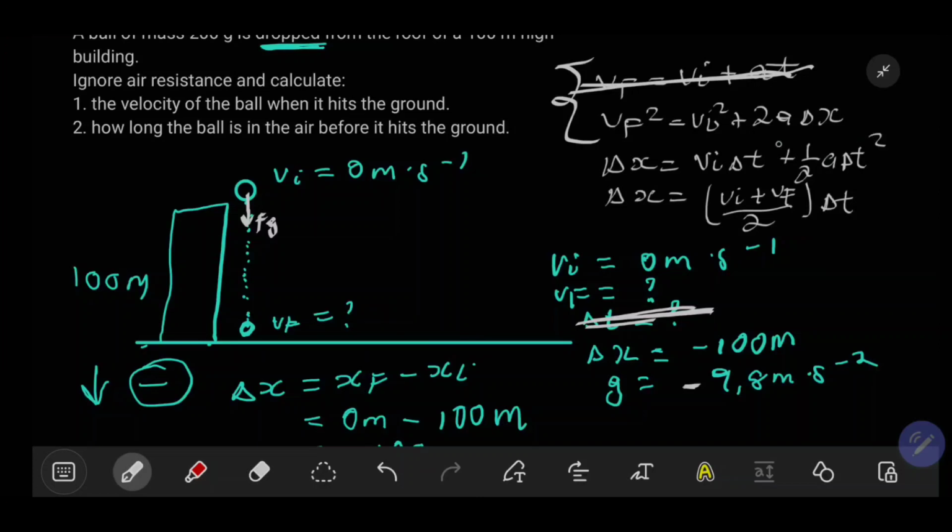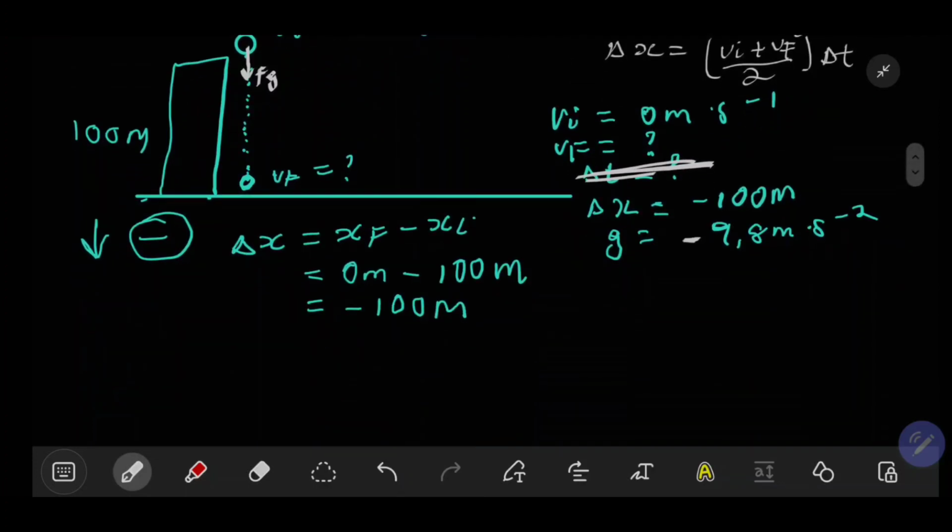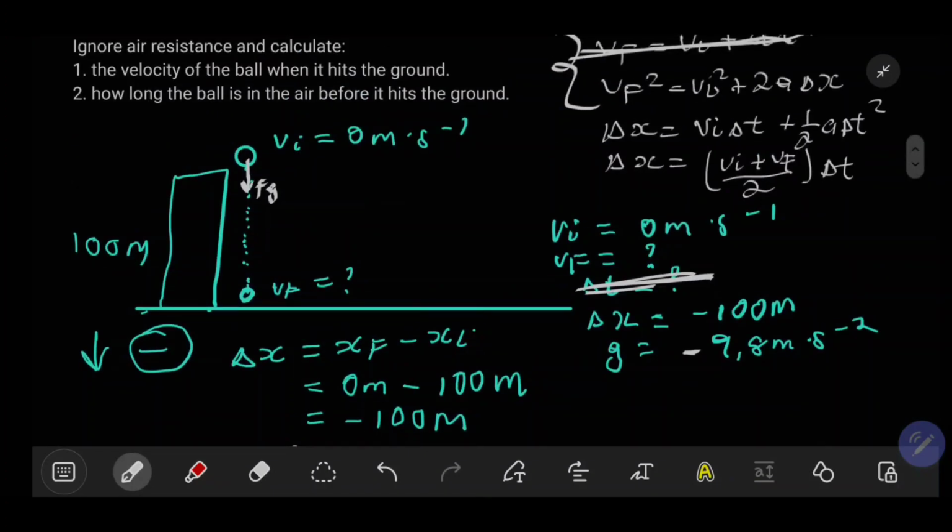Then it means the second equation is the one that is going to work for us. So we're going to say Vf squared is equal to V initial squared plus 2 multiplied by our gravitational acceleration, and then change in y. We can put change in y for change in x, because our motion is in the y direction.